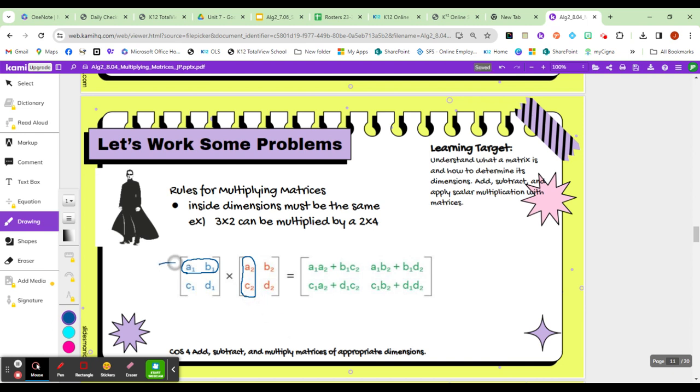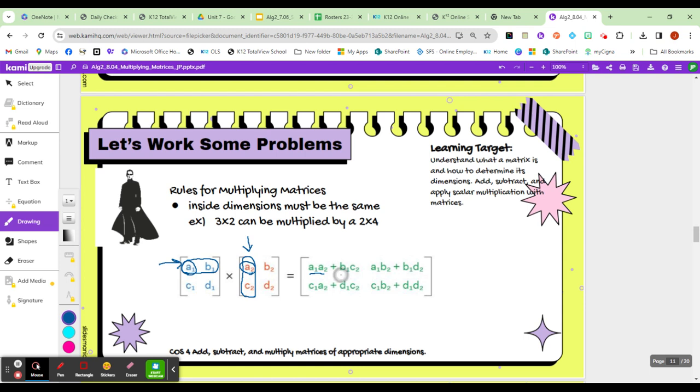So if you'll look, this says A1 times A2 plus, because once you multiply one row times one column, you're going to combine all the products you get into one number.